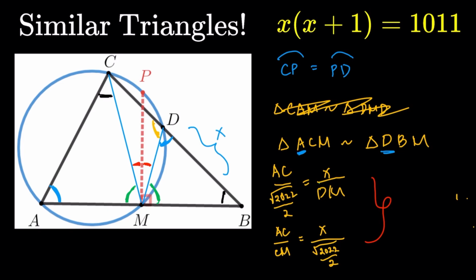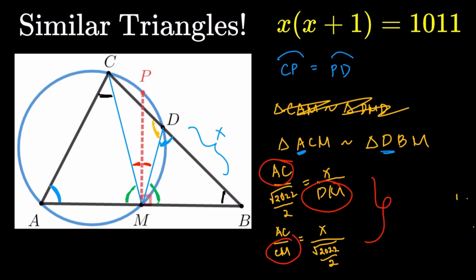Now, take a look here. AC, DM, and CM are lengths within quadrilateral AMDC, a cyclic one. So AC and DM are just sides, and CM is actually a diagonal. So we might try to form a relationship between these things.